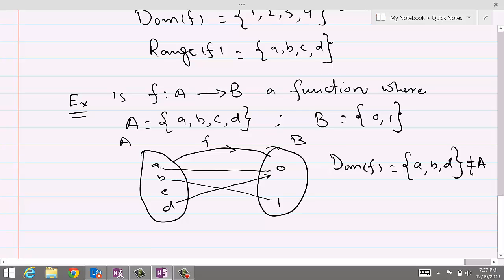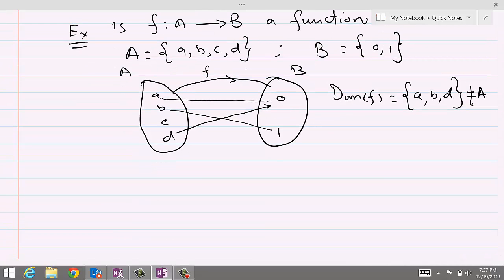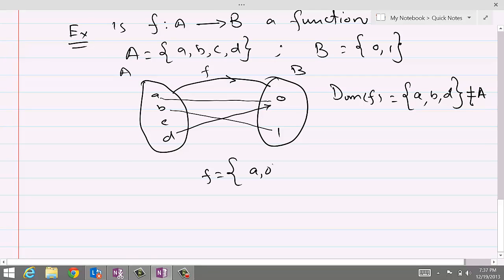If we were to write this relation in tabular form, we would have written a0, b1 and d0. This is pictorial representation and this is tabular form.